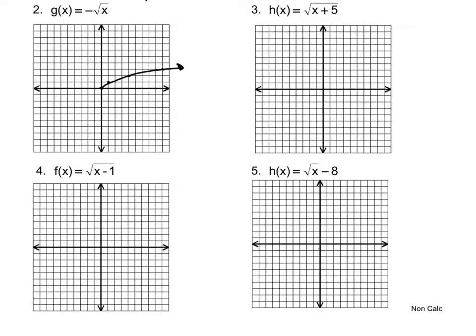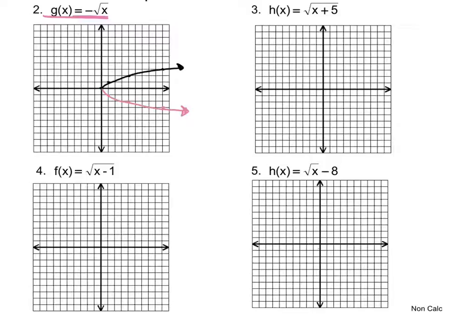Instead of up and to the right, it's going to go down. It's a perfect reflection. We have a point at (1, -1), at (4, -2), and at (9, -3). It didn't shift. So this is graphed in this pink color. It didn't shift left, right, up, or down. It's just a reflection over the x-axis.